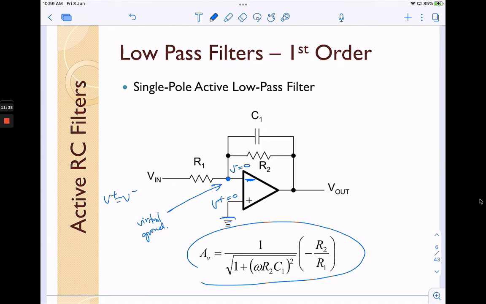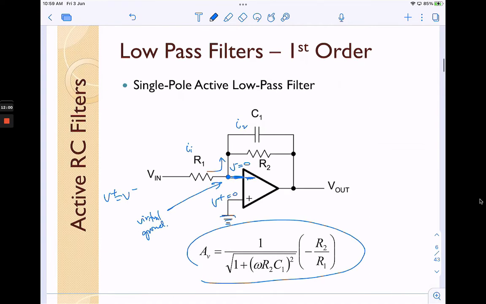Okay, so since there is no current passing through the op amp, the current will not go into the op amp and go upwards. So we can say that the current here, let's say this is I1, this is I2, and this is I3.